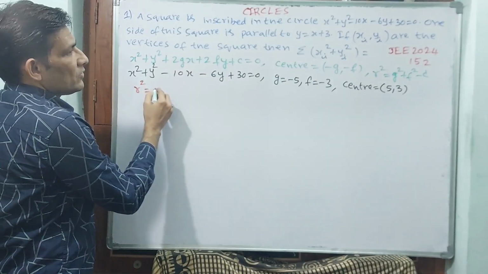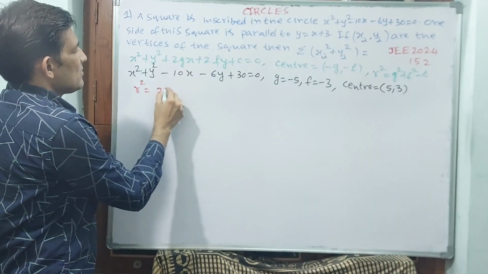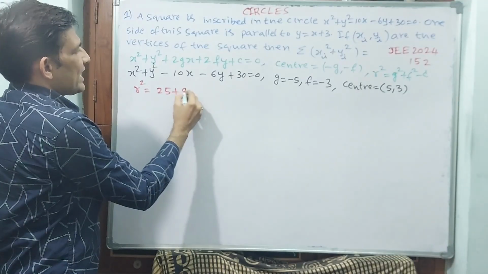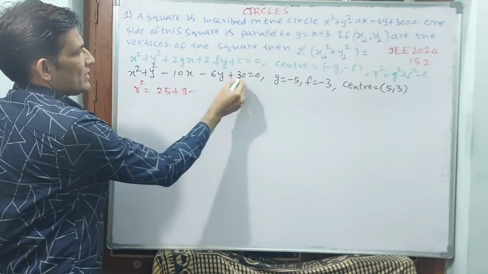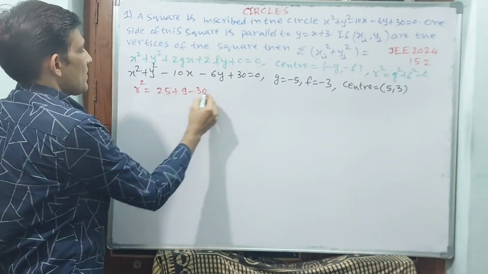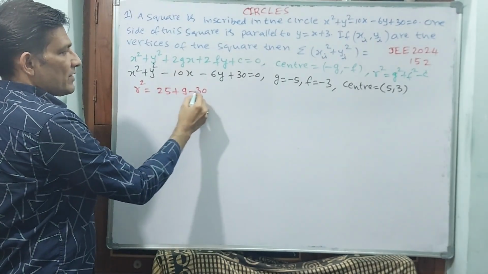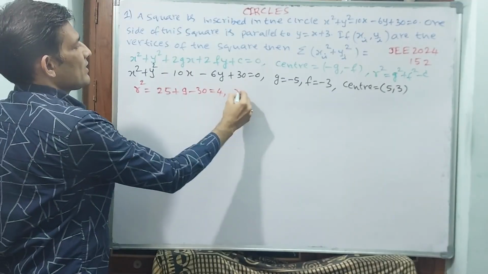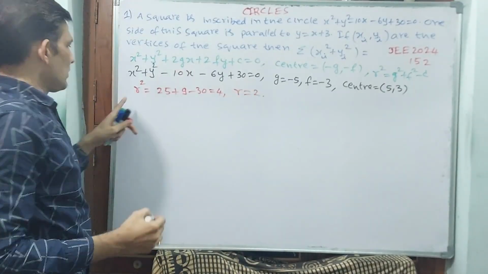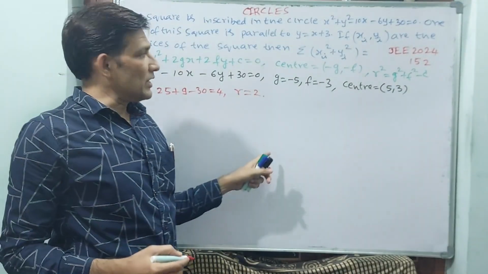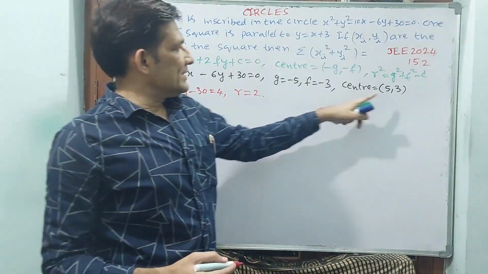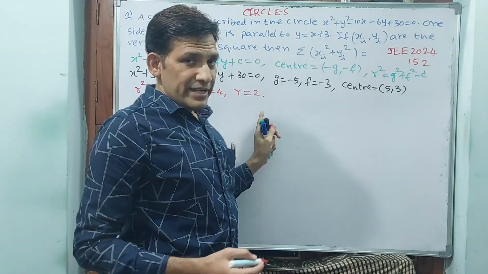R square is equal to g square 25, f square 9, minus c 30. That is 34 minus 30, which is equal to 4. Then what is radius? Radius is 2, because r square is 4. That means you have got both the center and radius.